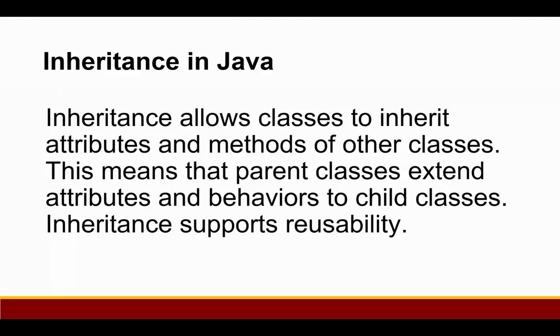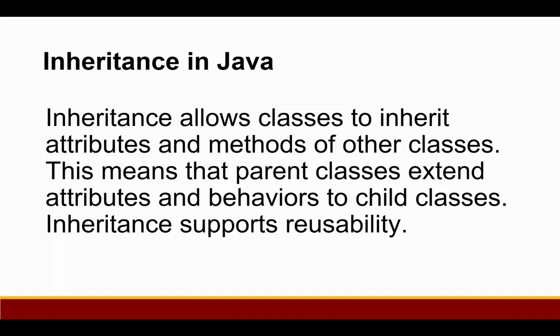Now, for us just to understand a simple analogy for inheritance, a simple way to understand inheritance is to think of human beings. All humans inherit certain properties from the general class, such as the ability to speak, breathe, eat, and drink.